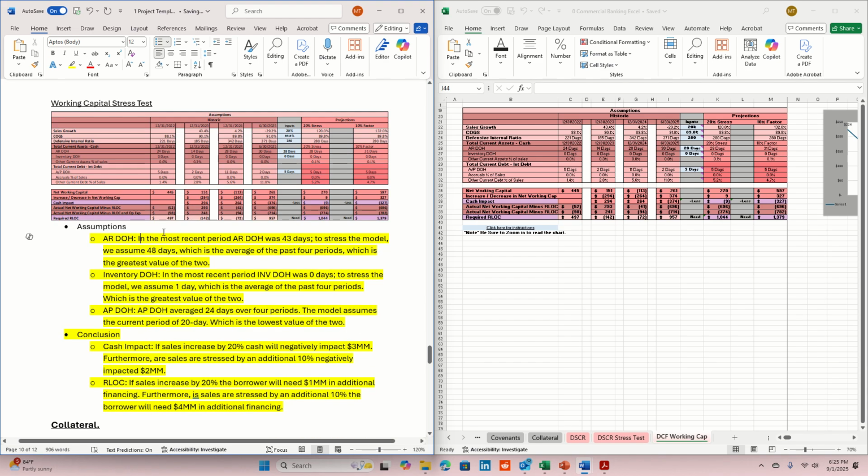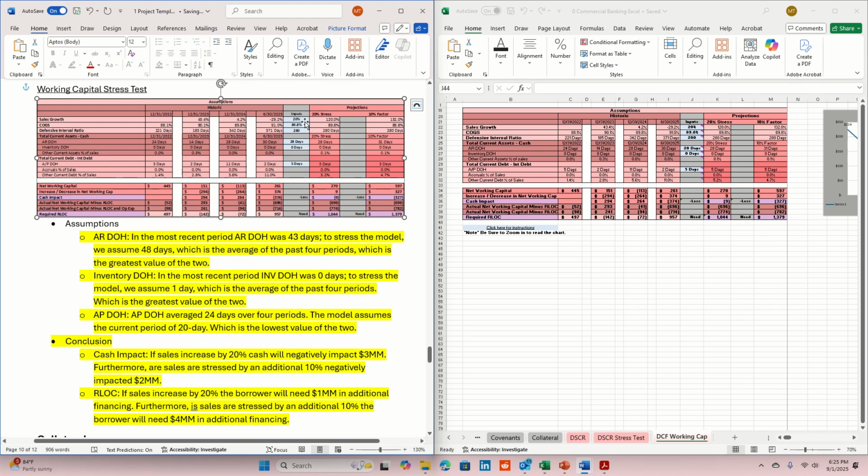So it asks us, in the most recent period, AR days on hand was 43 days. To stress the model, we assume 48 days, which is the average of the past 4 periods, which is the greatest value of the two. Okay, so what did we do?